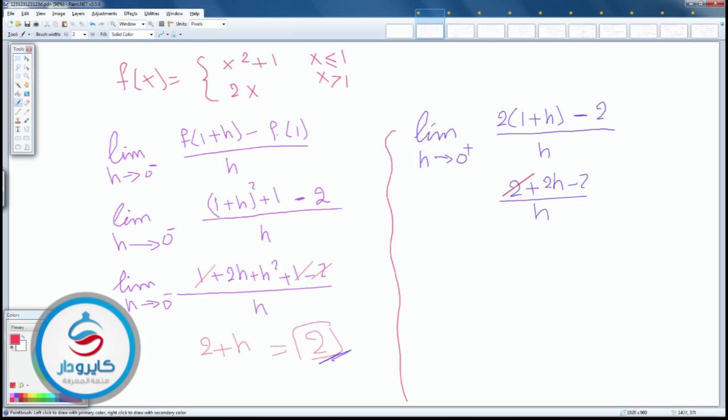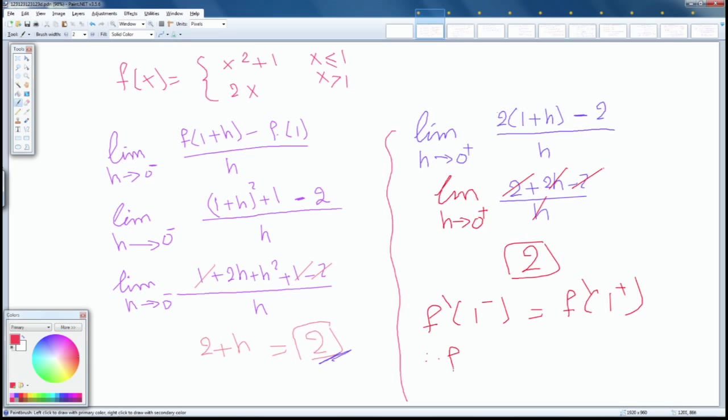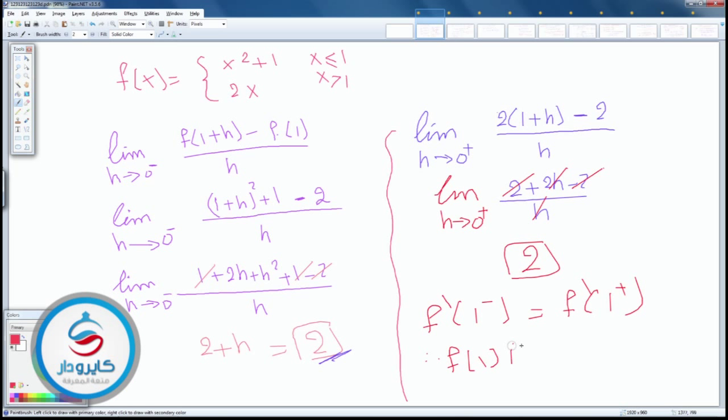Don't forget 2 with 2, and this is the limit. h tends to 0 from the right, so we have 2h over h. Now we have also 2. That means f dash of 1 from the left equals f dash of 1 from the right. يبقى that means f of x is differentiable at x equals 1.